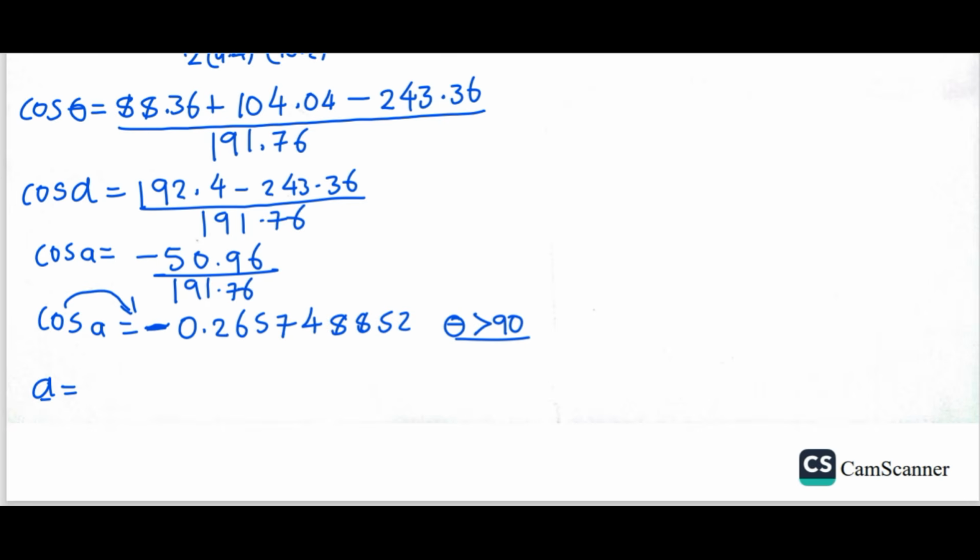I'm getting 105.4 degrees. Then we are told to give it to the nearest whole number, so we don't need the decimal. So it's 105, and we can say that 105 is greater than 90. So we have our angle.